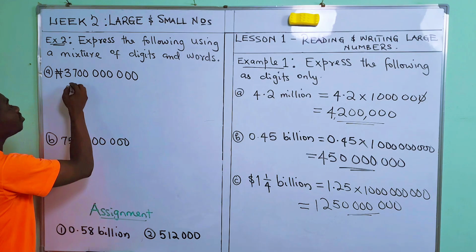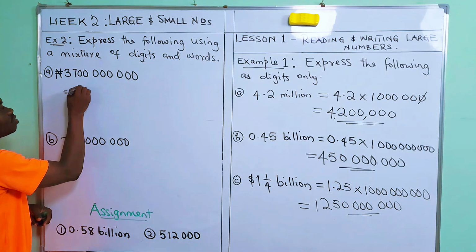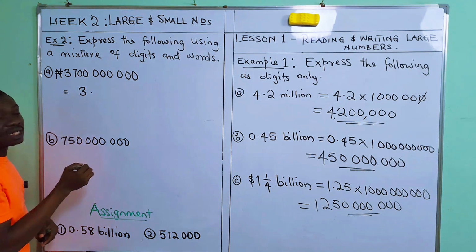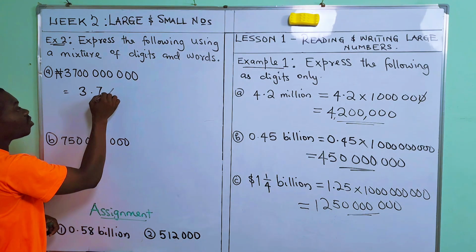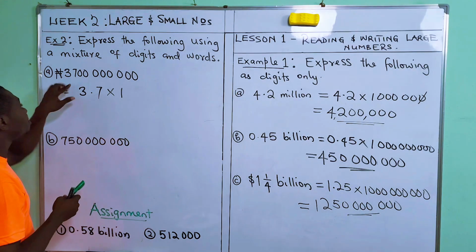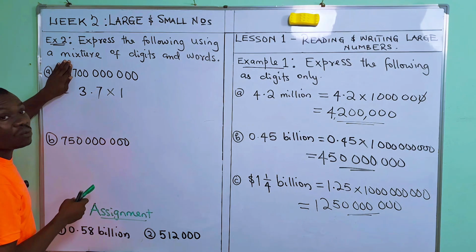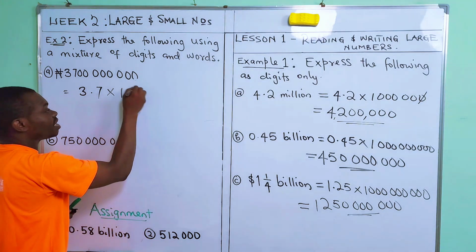What am I saying? Look at what we have here. So this is unit billion. I'm going to write 3, put my decimal point, then 7 is significant, so I'll put down 7, then multiplied by 1, then count the number of digits after where you put your decimal point. So here you have 9, so you are going to have 9 zeros.